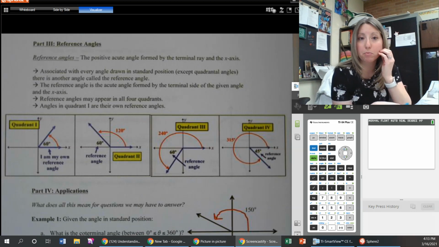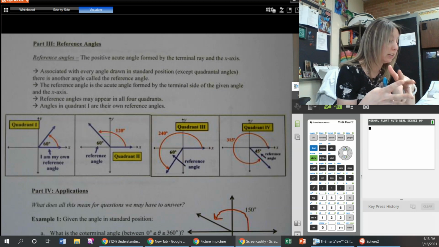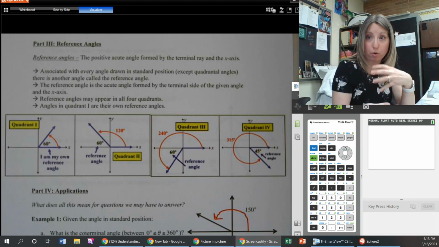Okay, that's why we call them reference angles, because they reference work we've previously done in chapter 8 with our special right triangles. It's really neat how that will come together with our circle.